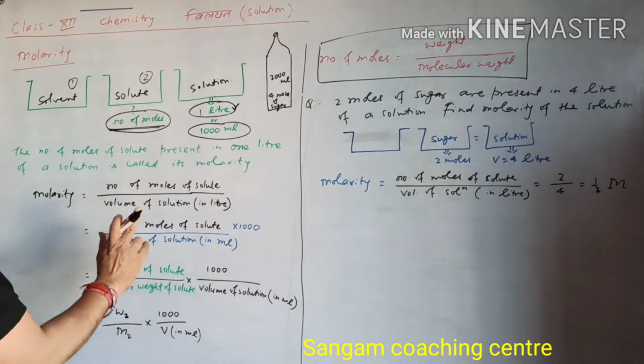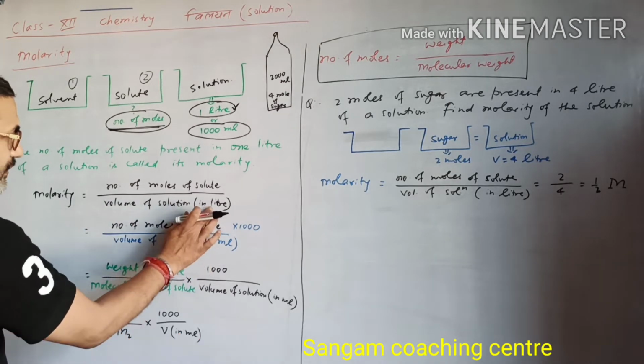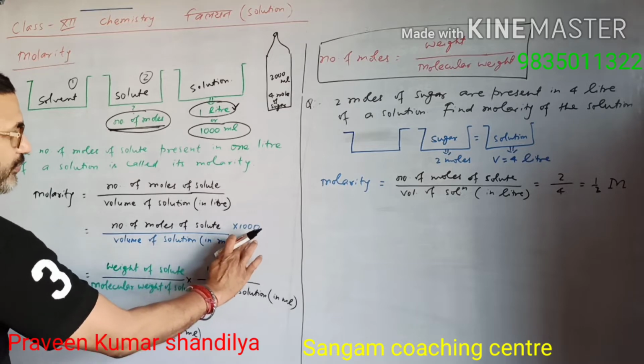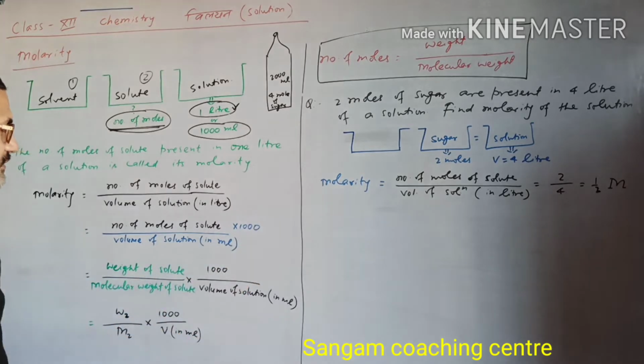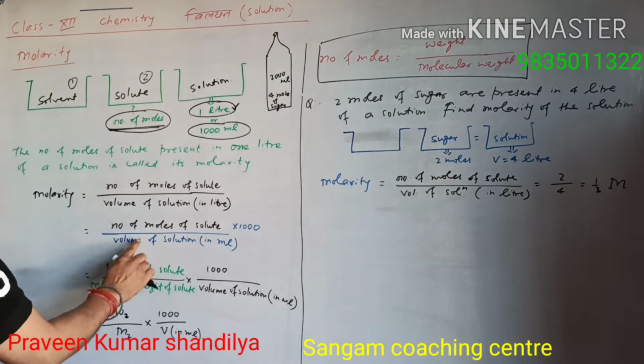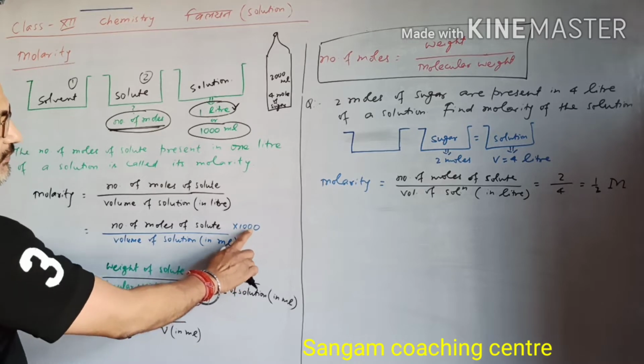If we take the volume of solution not in liter but in milliliter, then we have to multiply by 1000.